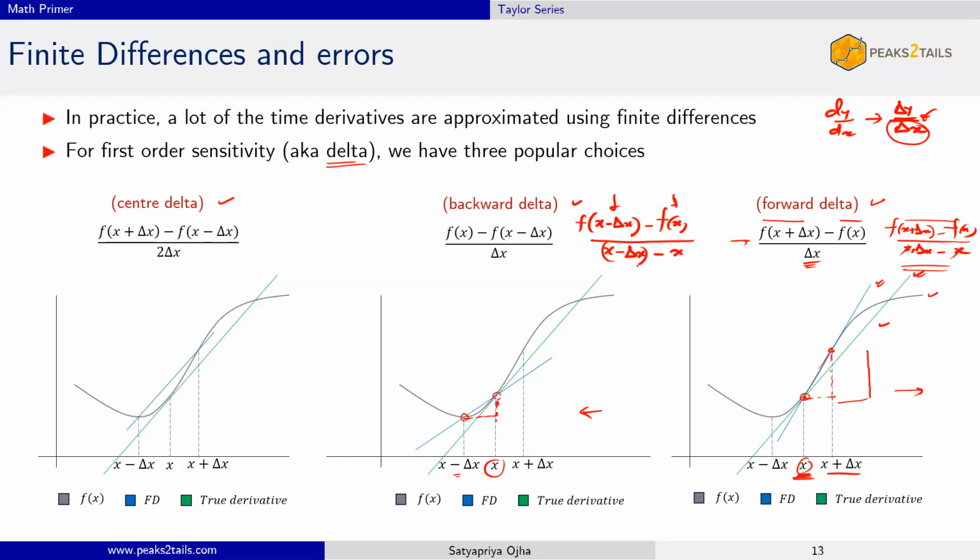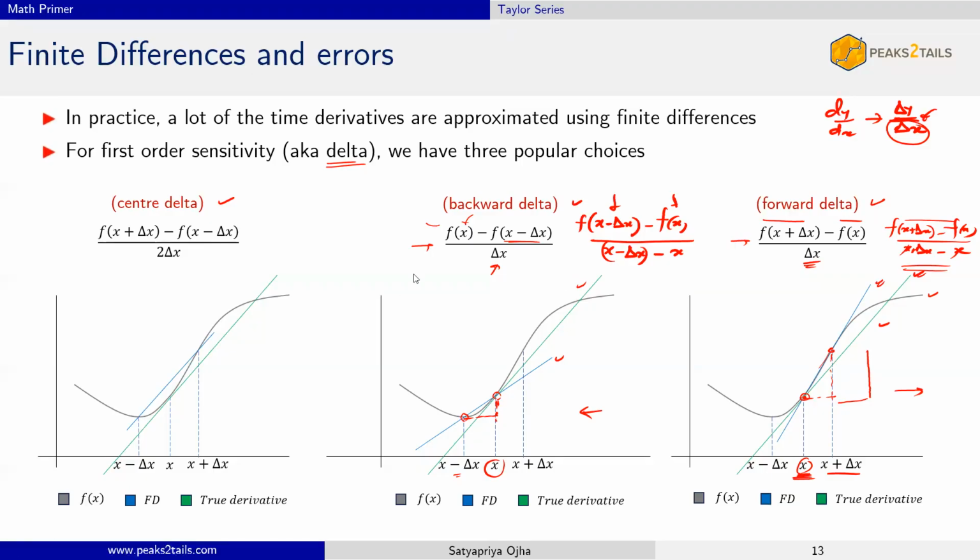So in the denominator, it actually is minus delta x. So sometimes you see this form, or change the order in the numerator and keep this one positive. Same thing. Instead of writing this first, you write f of x minus f of x minus delta x divided by delta x. This is called backward delta. And you can see the divergence between the green line and the blue line. It's a little different, right?